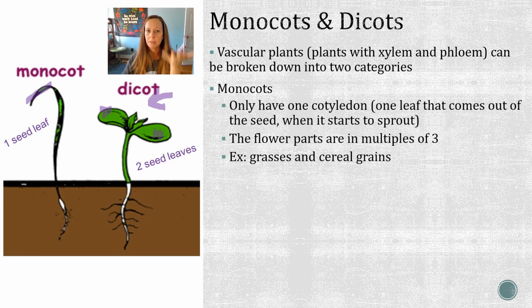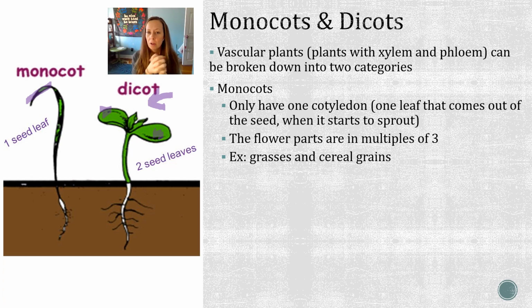Monocots only have one cotyledon, so one leaf comes out of the seed. This is going to be like grasses, corn, grains. Think about when you plant grass, all you have is one little piece that comes out. Think of when you plant a cucumber, if you've ever done that before. It comes out and two seeds grow.